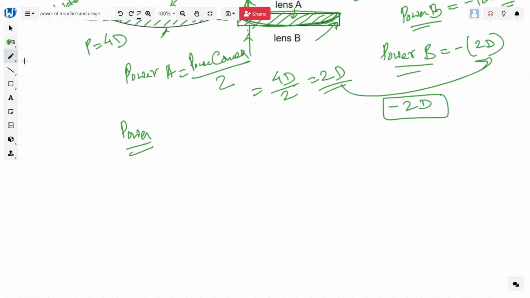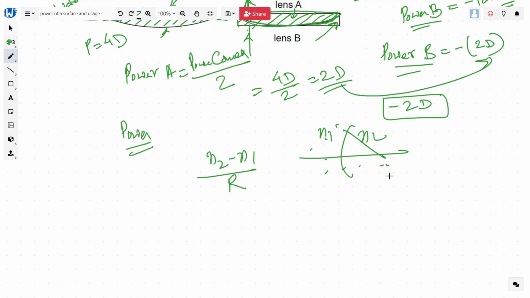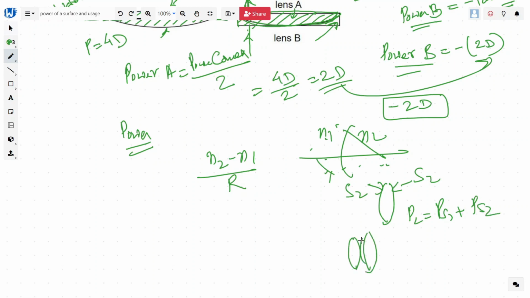The power of a surface is n2 minus n1 divided by r, where n1 is for the first side and n2 is for the second side. The power of a lens with surface 1 and surface 2 is the power of surface 1 plus the power of surface 2, and if more than one lens is stuck together, say 3 lenses, it is p1 plus p2 plus p3.